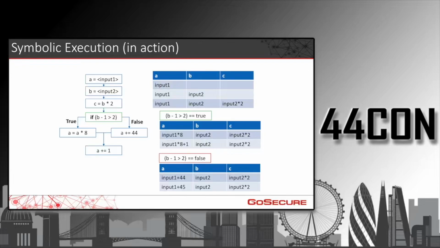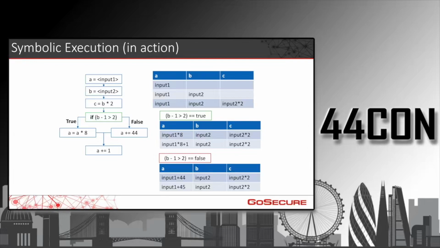Really simple example. I have first a variable that is initialized called A, then a second variable that is initialized named B. And now we have a small operation, multiplication between two variables. Now C, instead of having the actual data at runtime, is going to contain input 2 multiplied by 2. So we keep only the symbolic form of it.